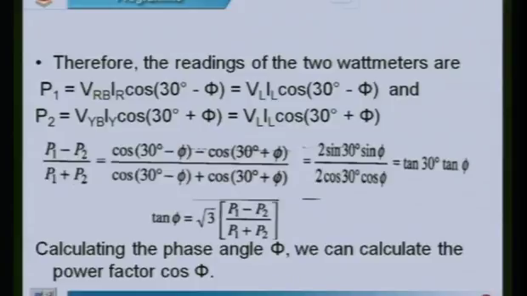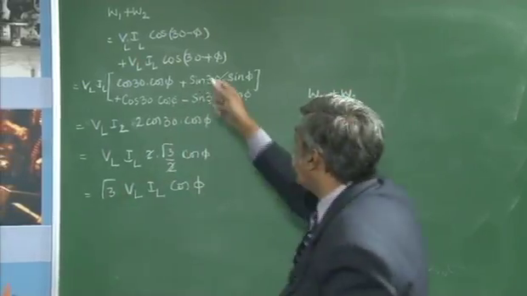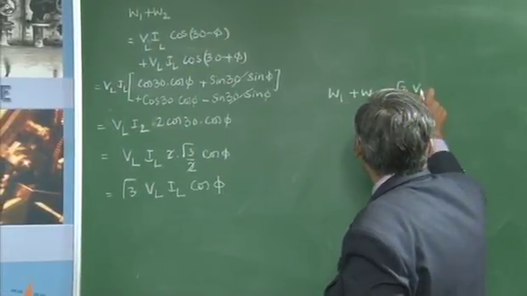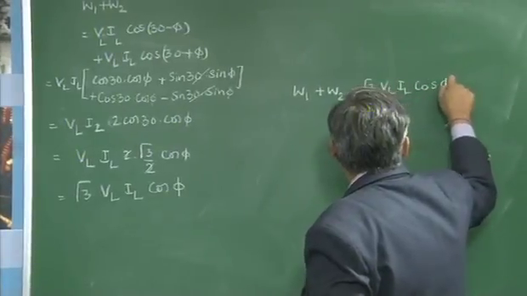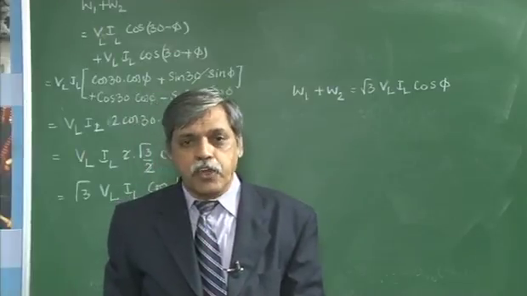I just added up W1 plus W2 and got a reading of root 3 VL IL cos phi. This is the average power, or the real power, consumed in the three phase circuit.